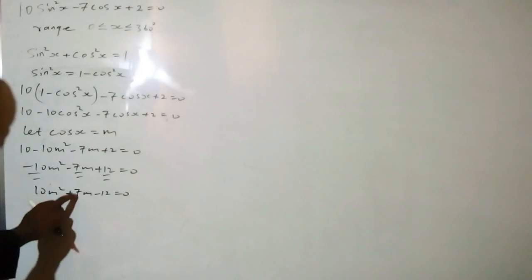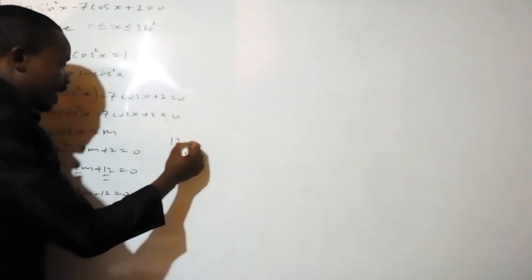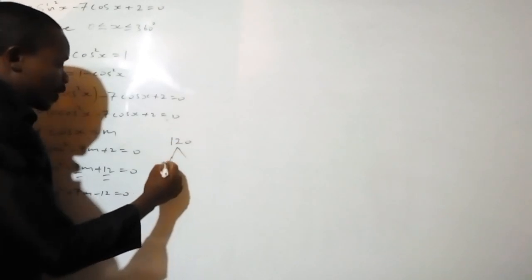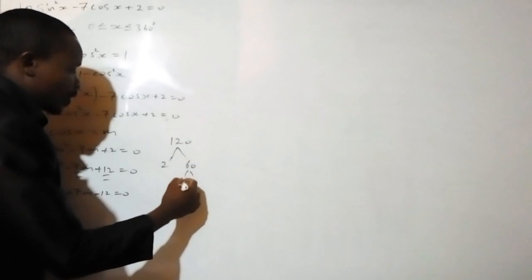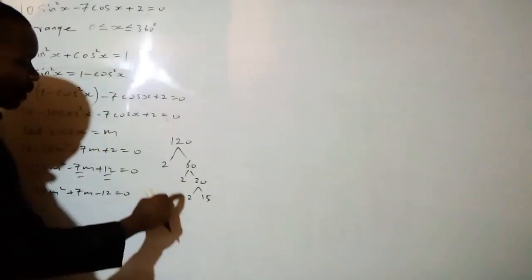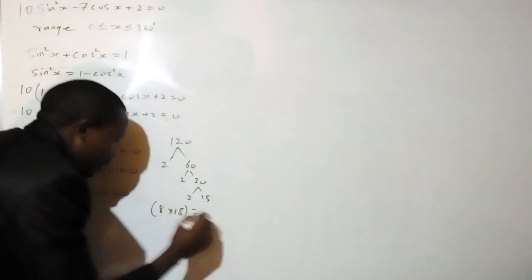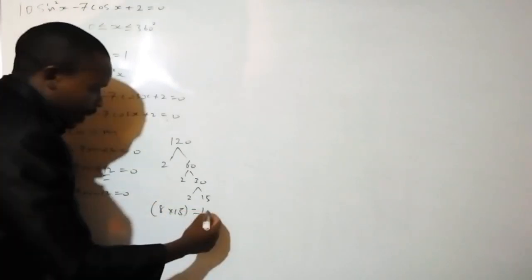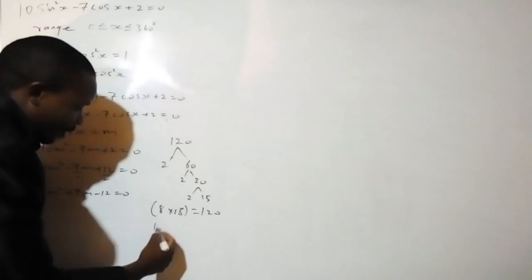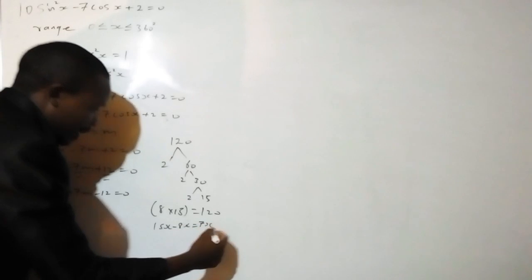We can use the factor method: 2 times 60, 2 times 30, 2 times 15. 2 times 2 is 4, 4 times 2 is 8, and 8 times 15 is 120. And 15 minus 8 is 7. Correct. Well, we have 7m.